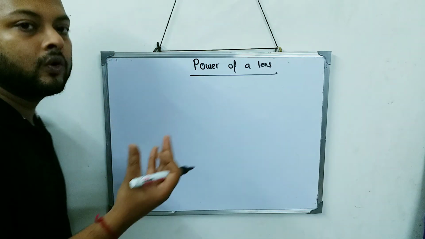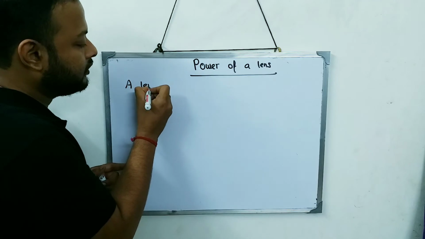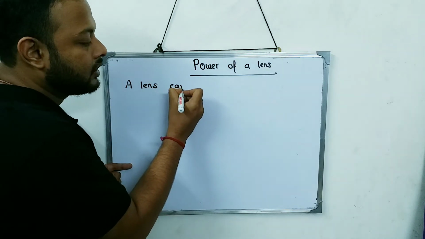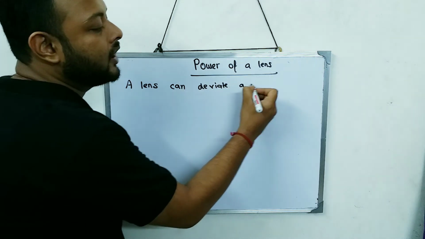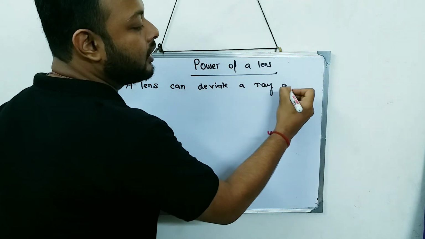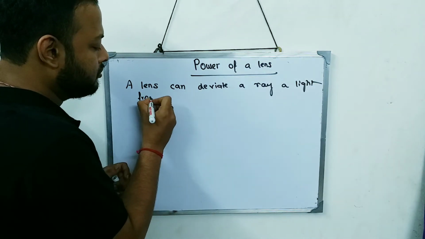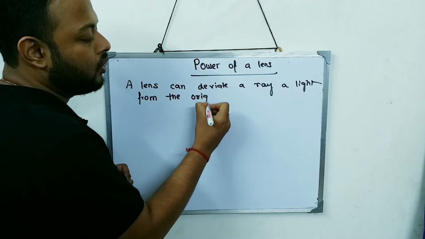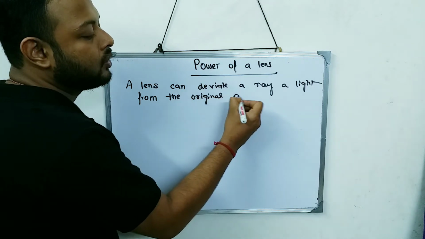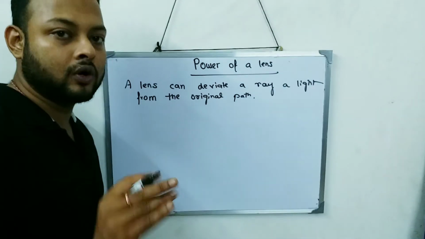Now what do we know about a lens? A lens can deviate a ray of light from its original path. We know this thing. A lens can deviate a ray of light from its original path.